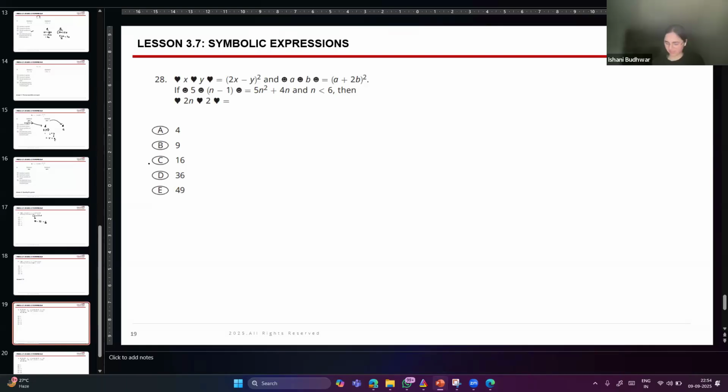I think I'm stuck. Where? I tried to do it, but I'm getting a really big number. How do I see your solution? Should I just explain it? Can you click a photo and send it on WhatsApp? Yeah.